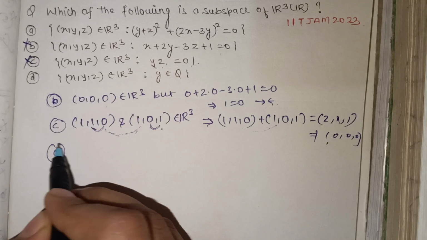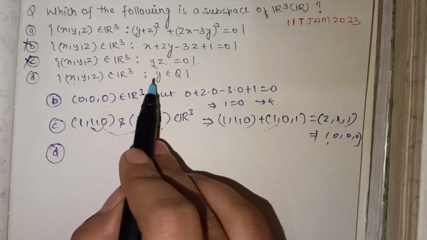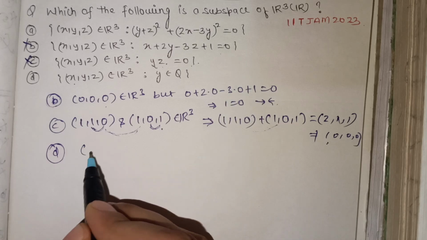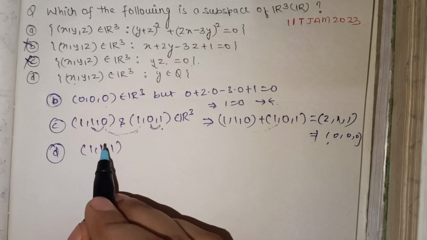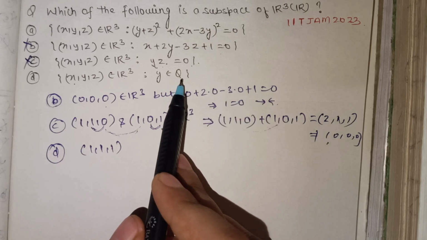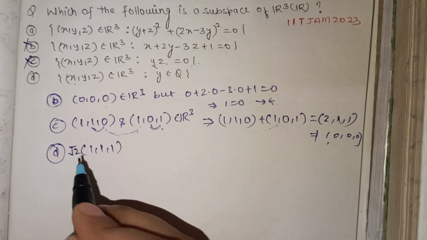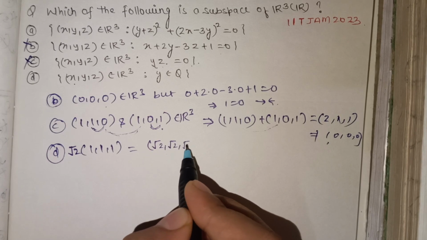Now for option D, the set of all x, y, z belongs to R3 such that y belongs to Q. If we take an example (1, 1, 1), here y belongs to Q, that is, a rational number. But if we multiply this with root 2, we get (root 2, root 2, root 2).